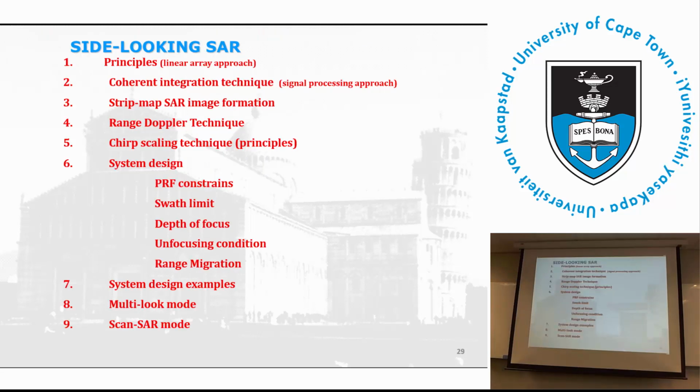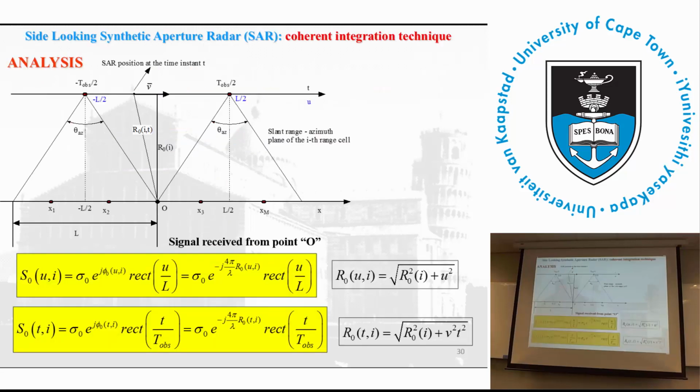Good. So now we go and look at the coherent integration technique. As I was saying, we want to look at the signal processing that we need to go through in order to form a SAR image, and we start with this coherent integration technique.